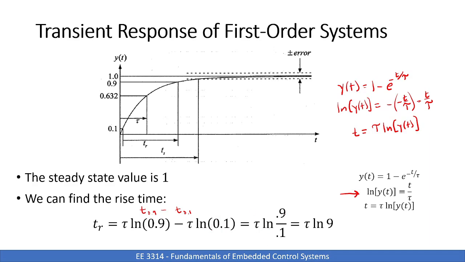So we have tau natural log of 0.9 over 0.1, which means the rise time is going to be tau natural log of 9. Okay? So that's just a good succinct way to measure the rise time, which in a first order system is always going to be based on tau. That's the parameter that determines the decay factor. So we can always calculate the rise time of a first order system if we know tau, right?